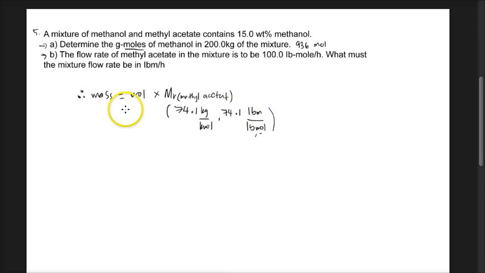Alright, so the conversion here is we have 100 lb mole per hour, and then we times it by 74.1 lbm over lb mole.